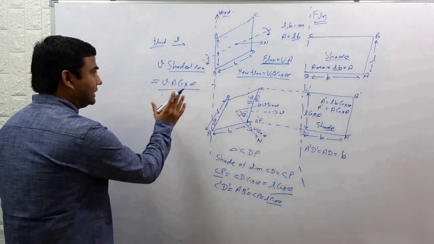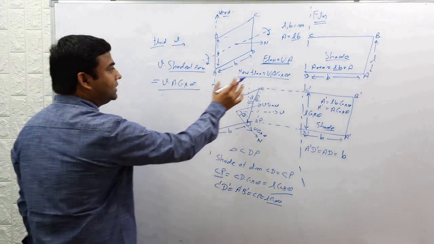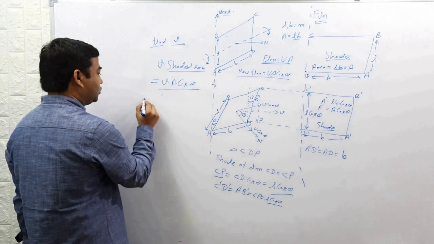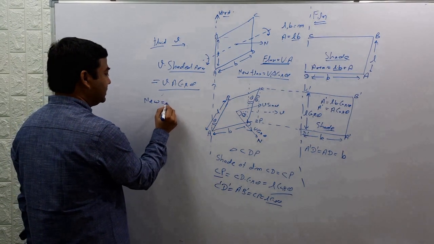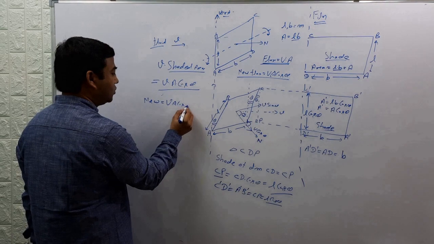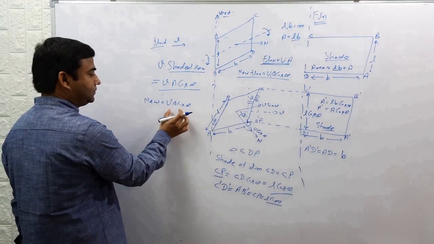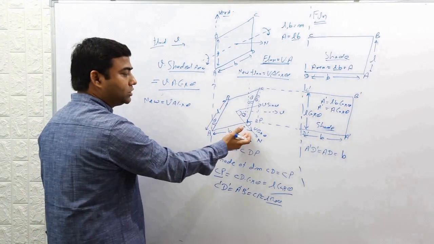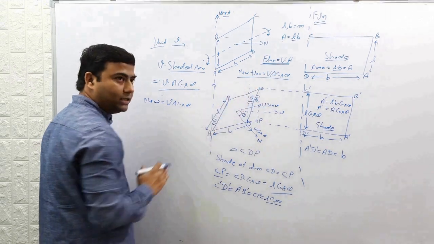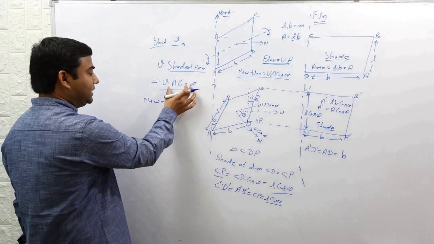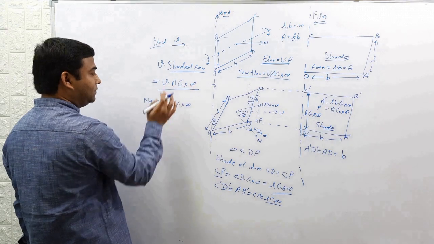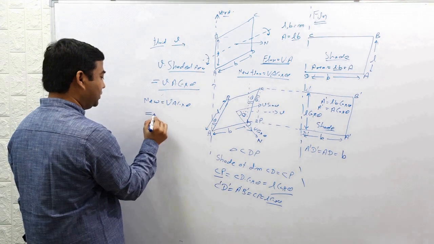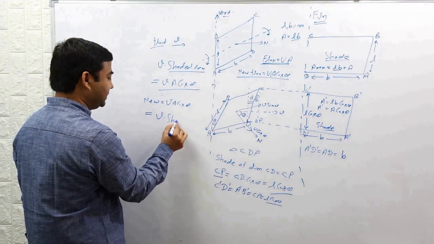So we can say flux, and this VA cos theta, which we have derived earlier, new flux as VA cos theta, whereas V cos theta, this we have derived by finding components of velocity along perpendicular and along area. Similarly, if we multiply shaded area with V, then also we get VA cos theta. So new flux VA cos theta is equal to V into shaded area.